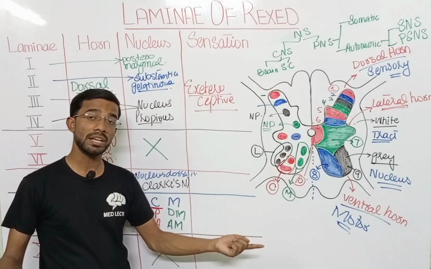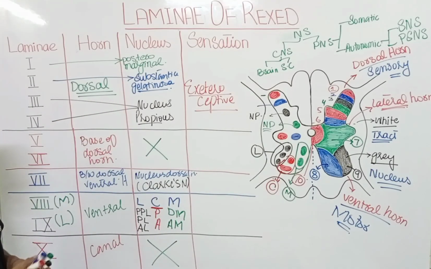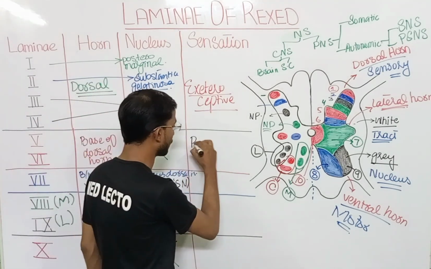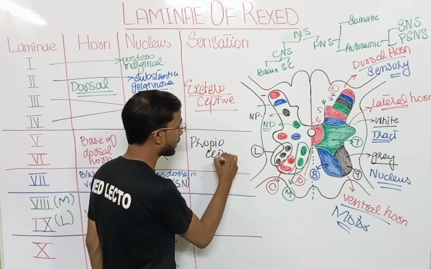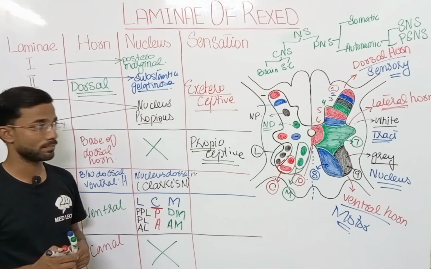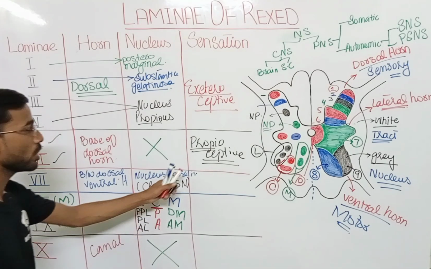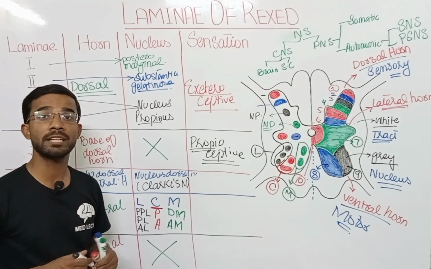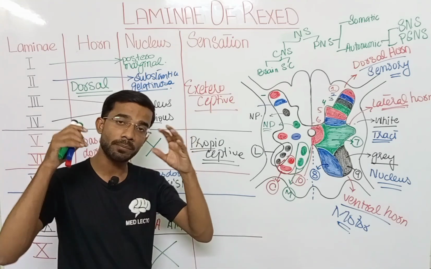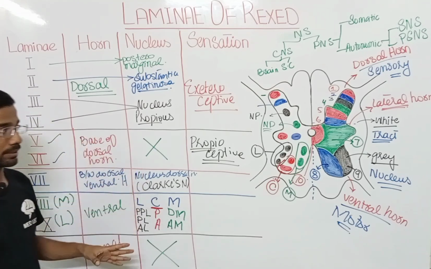Next are the 5th and the 6th, in which you will see proprioceptive sensation. In this case the stimulus is received from inside the body, like the movement of the different muscles and the movement of the joints. That stimulus is proprioceptive.